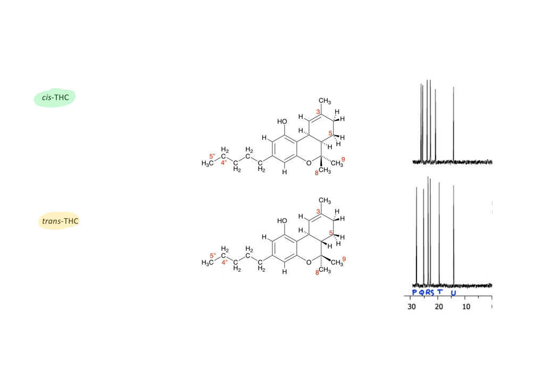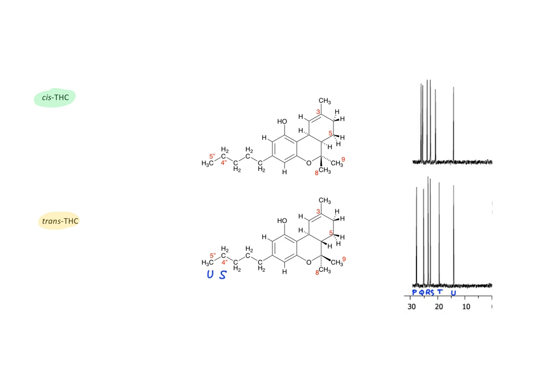We've already estimated that the terminal methyl group of the N-pentyl group will be quite highly shielded, around 14 to 15 parts per million, and so we'll assign that as U in both diastereomers. And then the 4 double prime of the pentyl group was estimated to be about 23 parts per million, and that fits for S, which is present in both diastereomers.